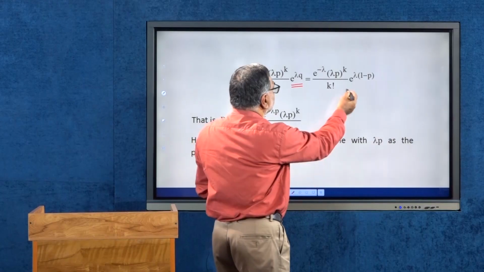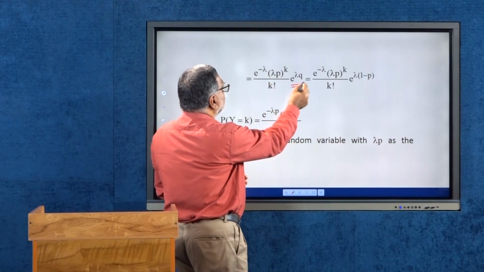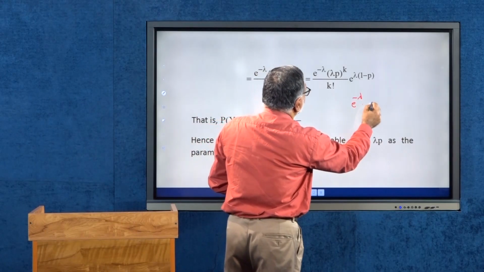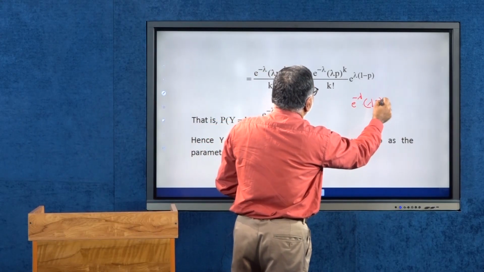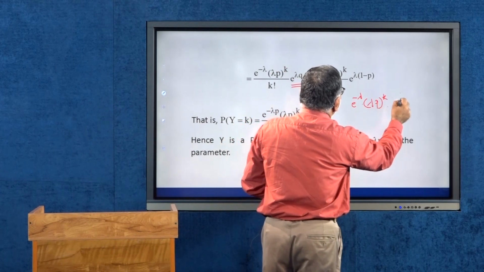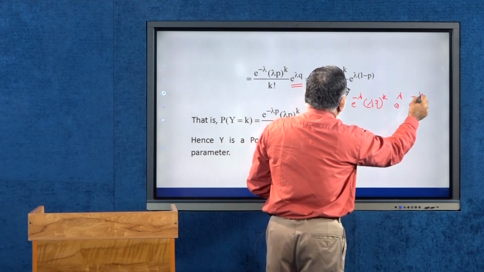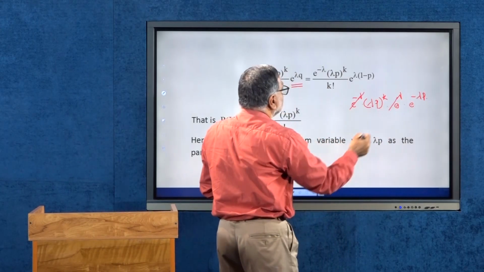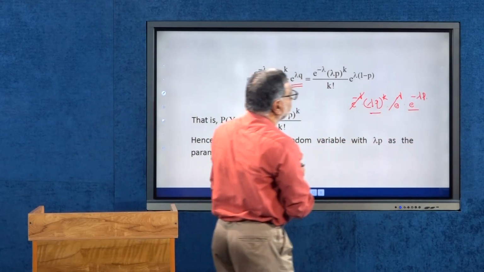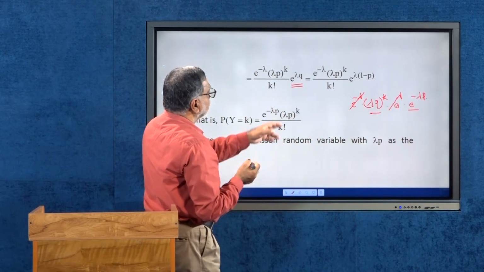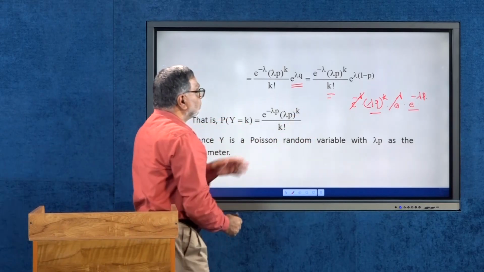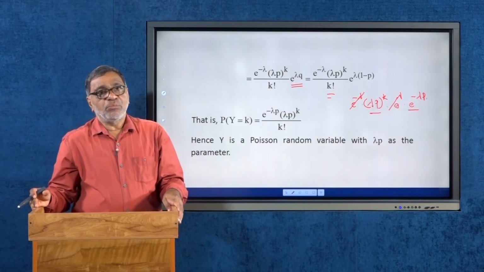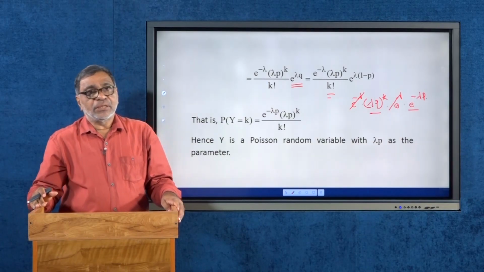Simplifying, e power lambda into e power minus lambda p, so e power minus lambda and e power lambda cancel. The remaining is e power minus lambda p, lambda p power k divided by k factorial, and that is our Poisson probability mass function with the parameter lambda p.